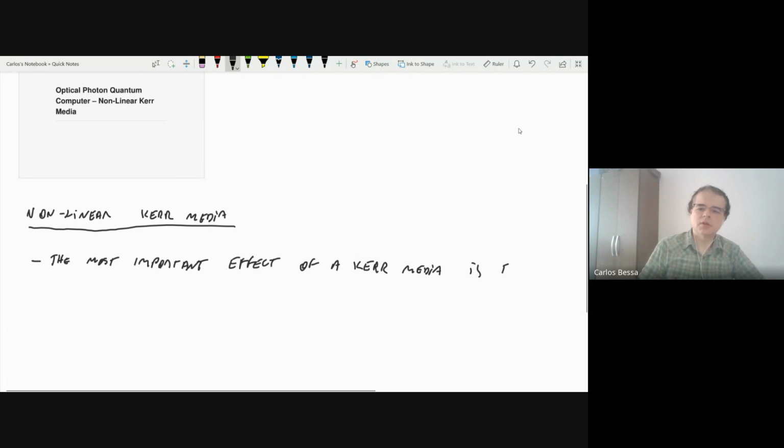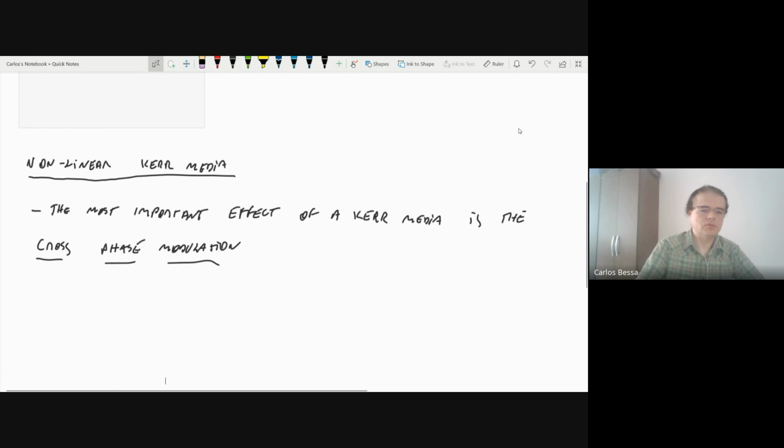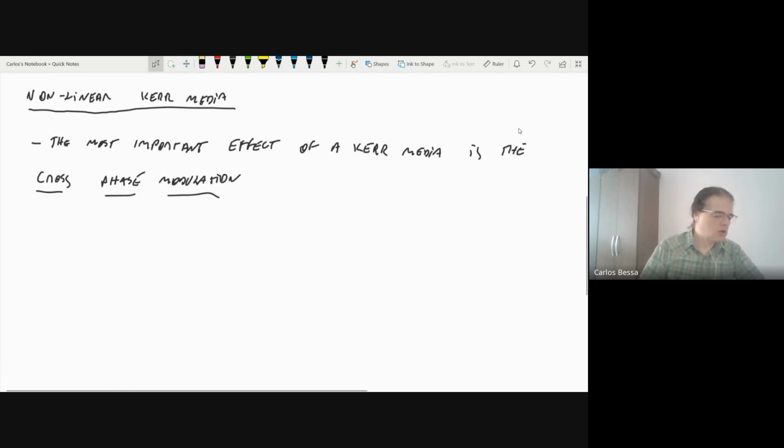is what we call the cross phase modulation, and we'll define what this is.